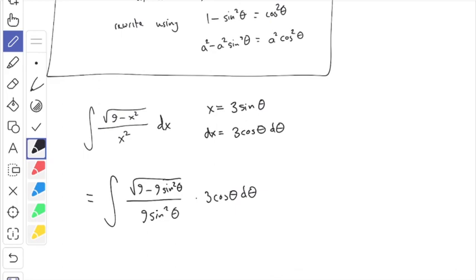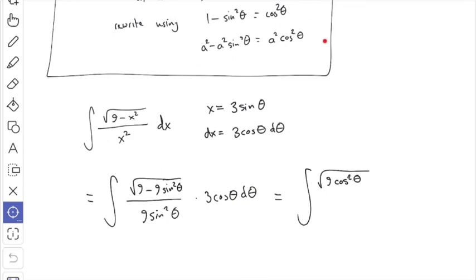All right. As before, it looks more complicated now than it was before, but actually this is not so bad. We have square root of 9 minus 9 sine squared theta. Inside the square root, I'm going to write that as 9 cosine squared theta. This is what I said before.